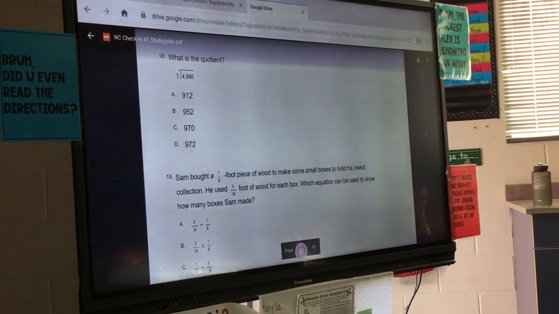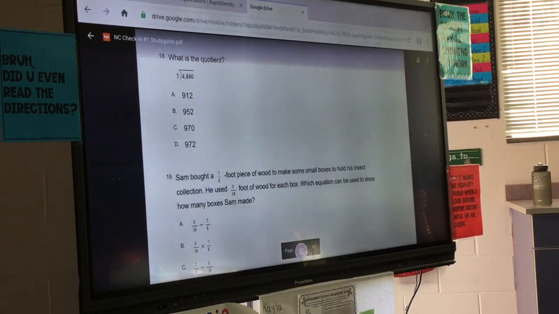Why are you not facing the front? Y'all, we are reviewing for the check-in tomorrow. I'm blown away at the lack of everything in this room right now. Turn around and face forward. Don't even have your chair angled that way. Turn your chair and face this way. Silas.